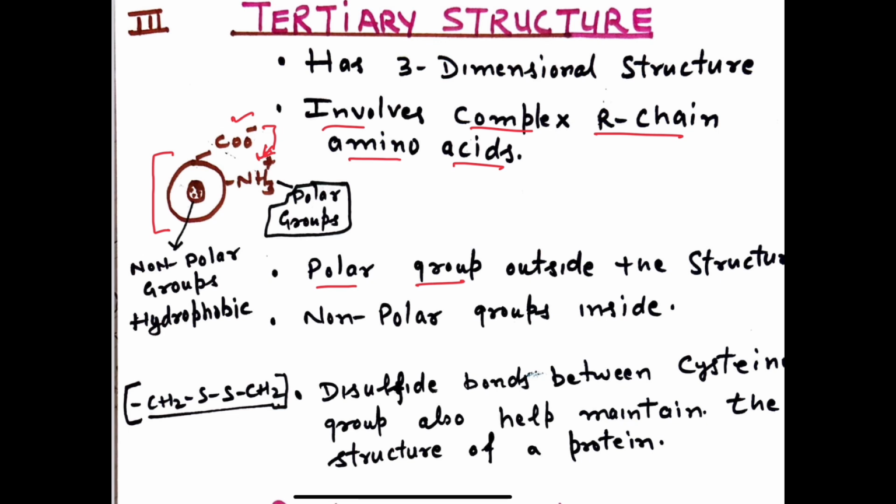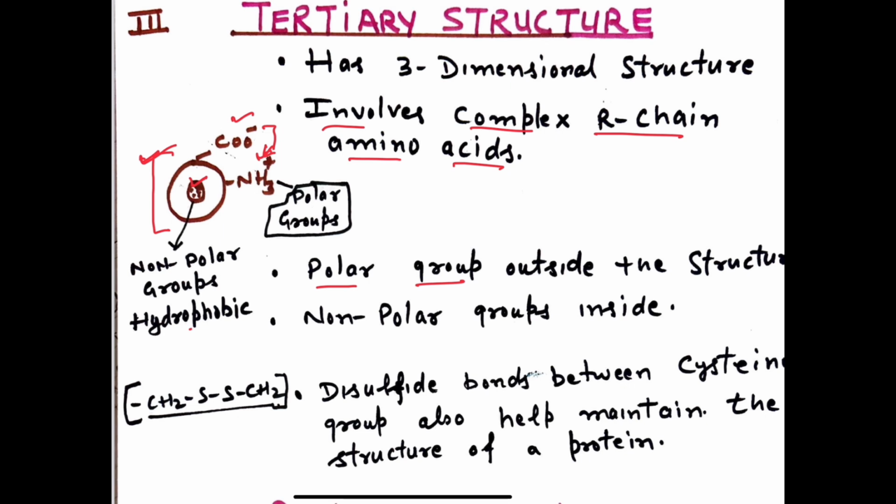So these are polar groups outside the structure of a protein. So this is the whole protein structure right here, this round shape. And non-polar groups, like we talked about before, are kind of inside right here. These are non-polar groups. They're hydrophobic. They stay away from water.